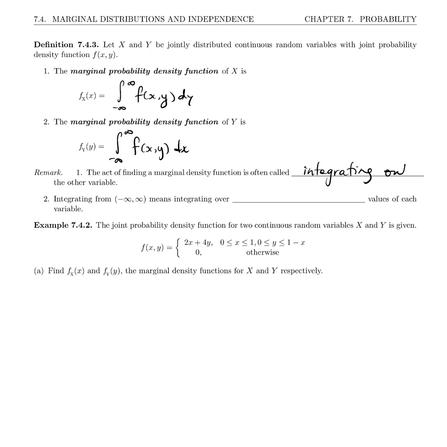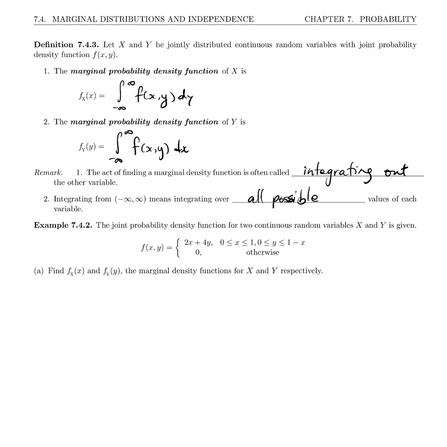Here I would be integrating out y and have x remaining. Here I'm integrating out x and I have y remaining. The second remark is that integrating from minus infinity to infinity simply means integrating over all possible values of each of the variables.